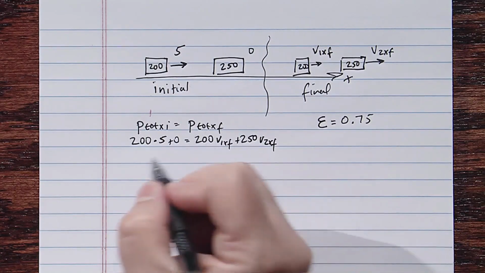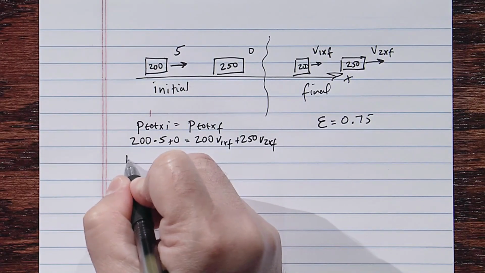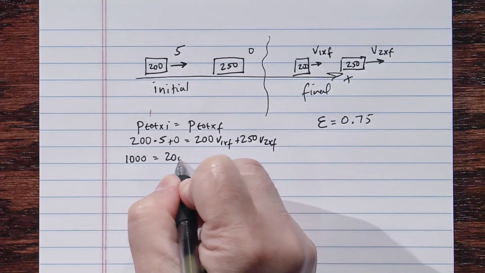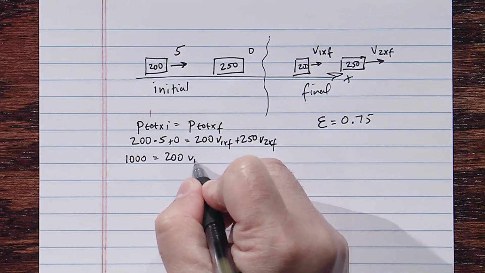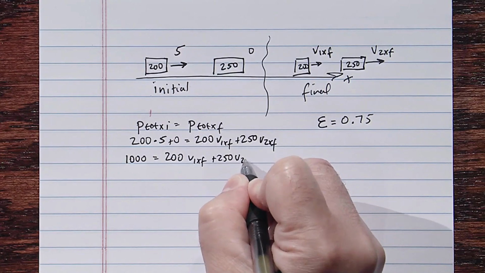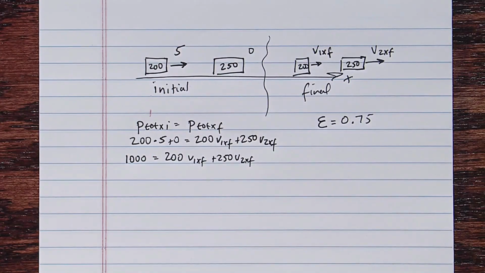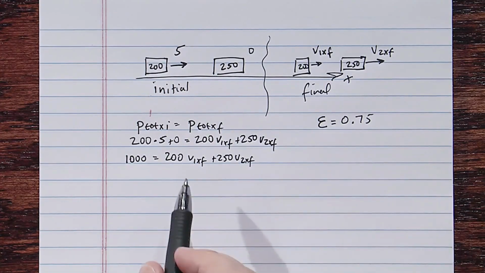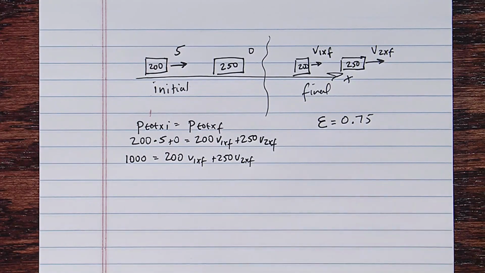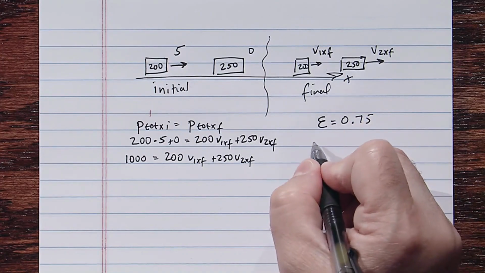And so we have 1,000 over here is equal to 200 v1x final plus 250 v2x final. That gives us one equation and two unknowns. We need another equation. Let's use our elasticity equation.